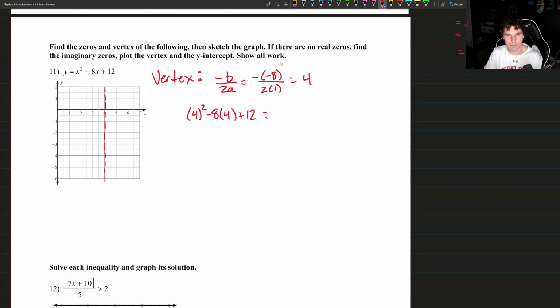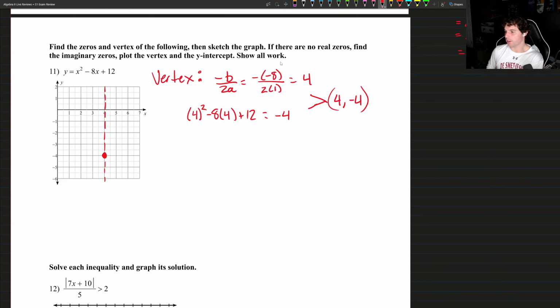This is 16 minus 32 plus 12. I think that's negative 4. So then our vertex is these two things combined. So you get 4 comma negative 4. So then our vertex is right there.